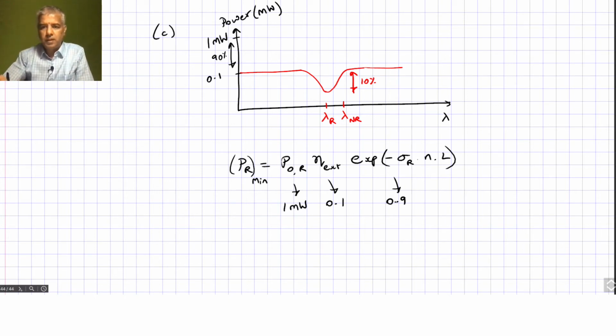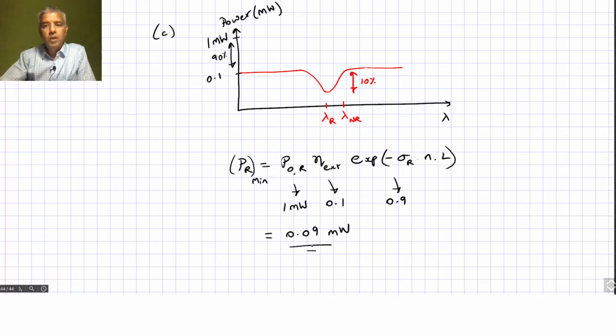So 90% of the power is remaining after this maximum absorption. If we just do the math, this corresponds to 0.1 milliwatt, and 90% of that is basically 0.09 milliwatt. That's what we are looking for. That's the minimum power that we expect at the resonant wavelength, at the receiver.